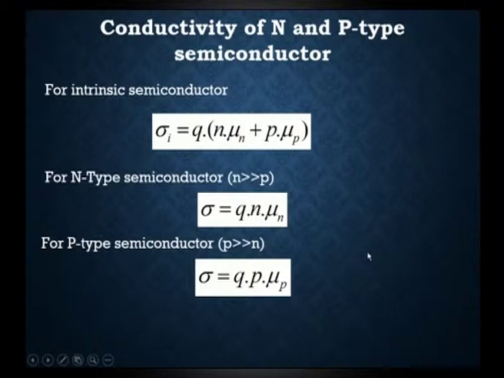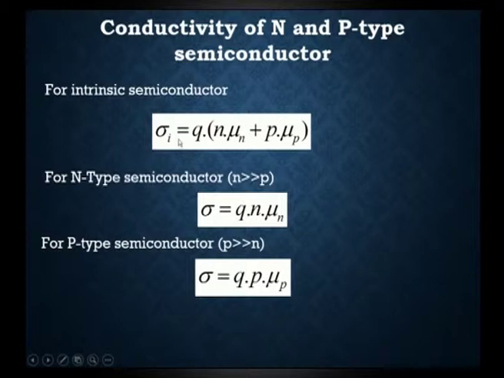Now we move towards N type and P type, considering the conductivity. First we consider the conductivity relationship for intrinsic, that is q into n mu n plus p mu p, where n and p represent the number of electrons and number of holes.